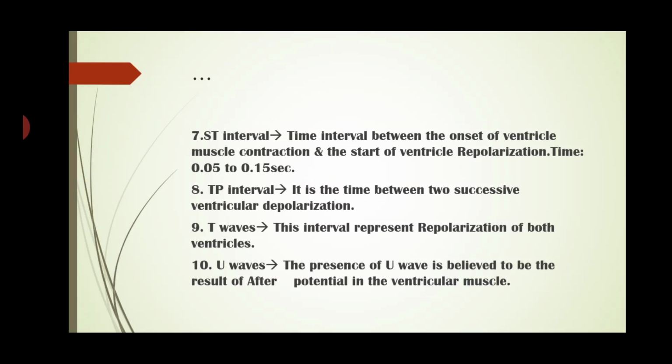The TP interval is the time between two successive ventricular depolarizations. The T wave represents repolarization of both ventricles. Next, the U wave. The presence of the U wave is believed to be the result of after potentials in the ventricular muscles.